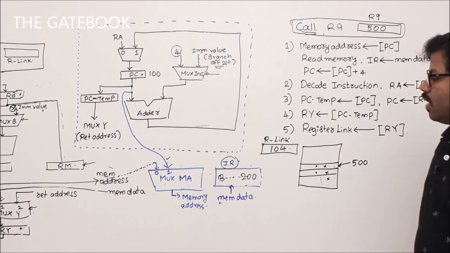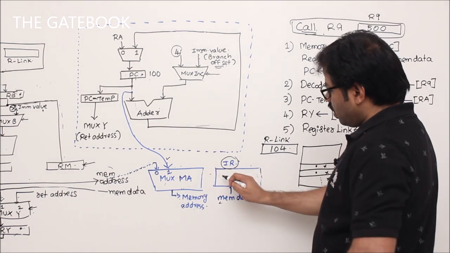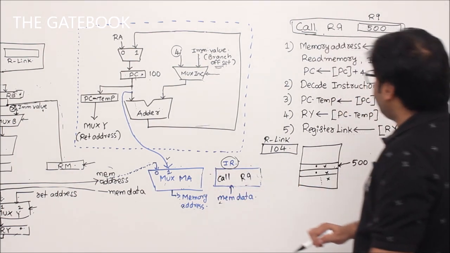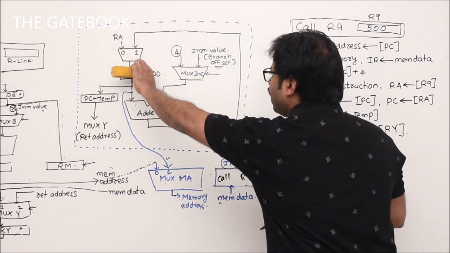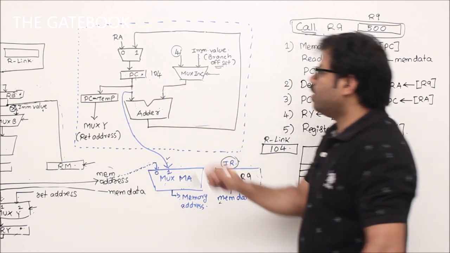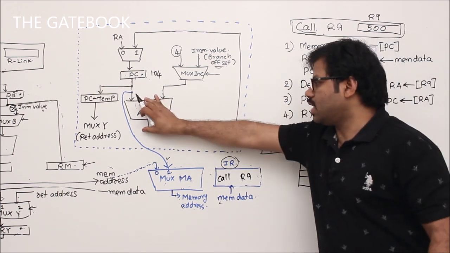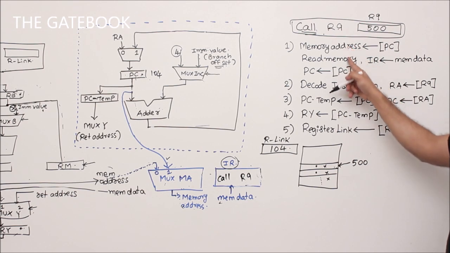Now automatically the instruction register gets that call instruction, call R9. Now second line, program counter will be incremented, and because of this it will become 104. You know that, right? When the first line is executed, this adder will work, and program counter will become 104 because of these three steps.